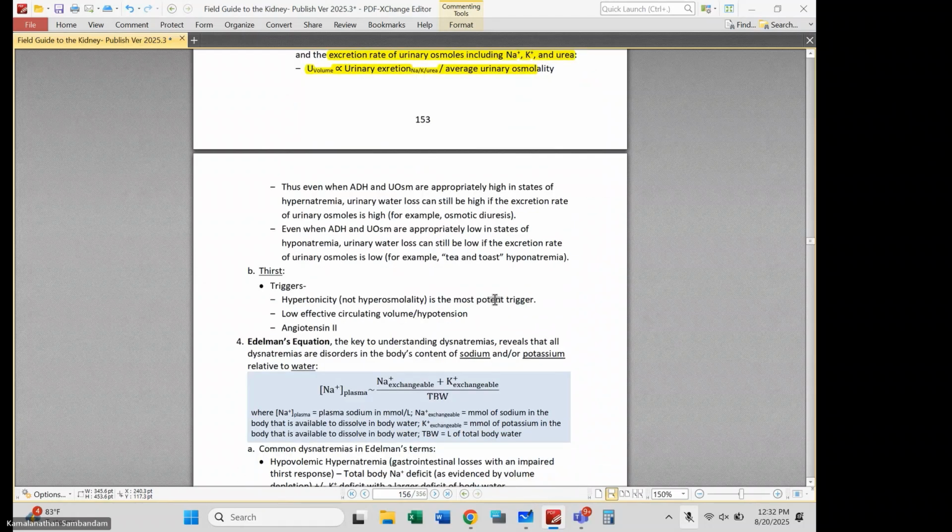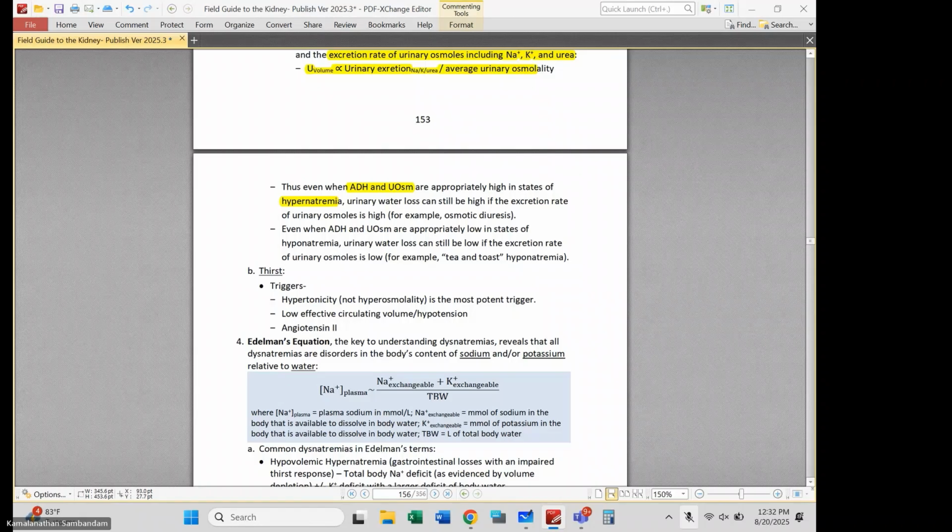Okay? So when I have a patient who has high ADH and therefore has high urine osmolality, I can still develop hypernatremia, even though I'm trying to conserve water, right? By elaborating a very concentrated urine.